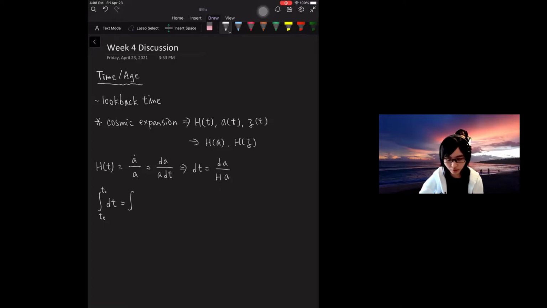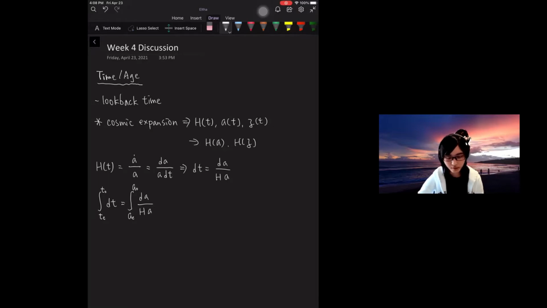Okay, so we'll get the integral of dt equals dA over H times a. And again, we need to be careful with the limit of the integral. The emitted time corresponds to the scale factor at the emitted point, right? And then the upper limit would be the scale factor right now, which we know is just 1, right?